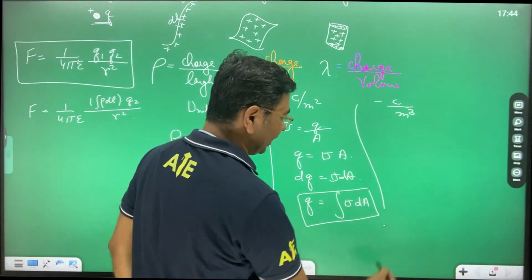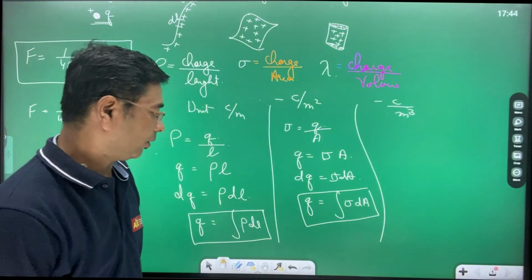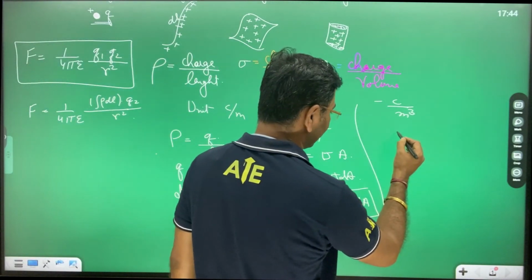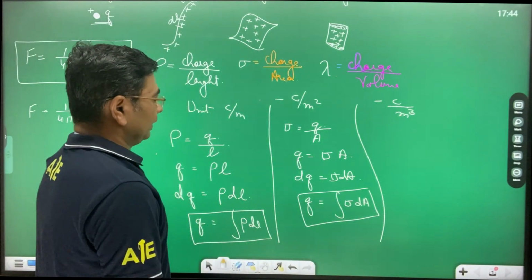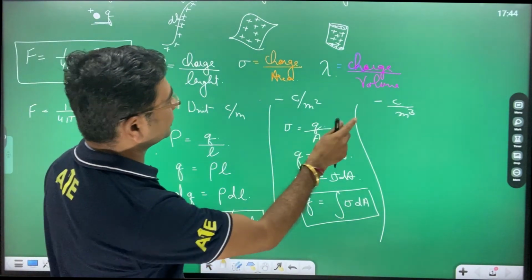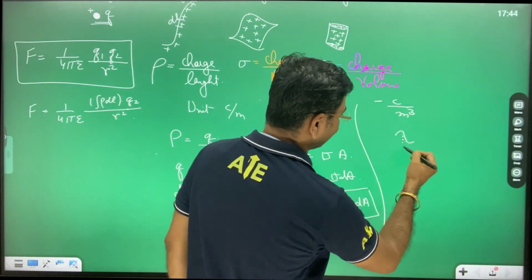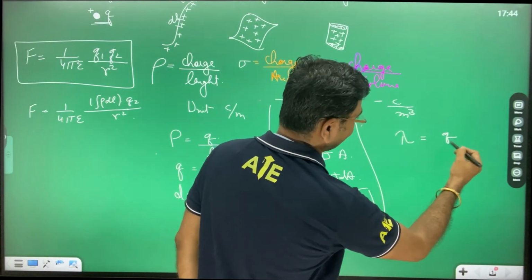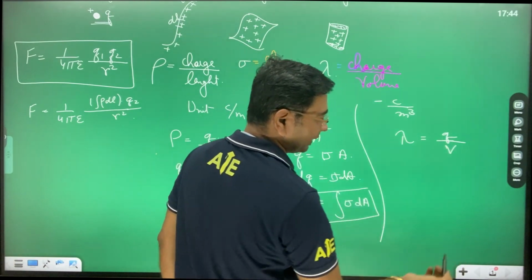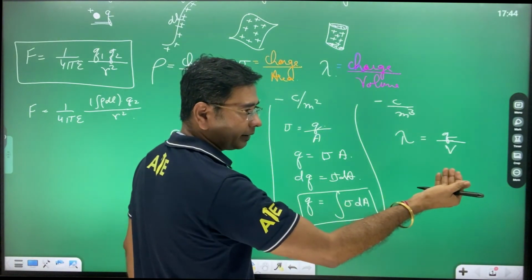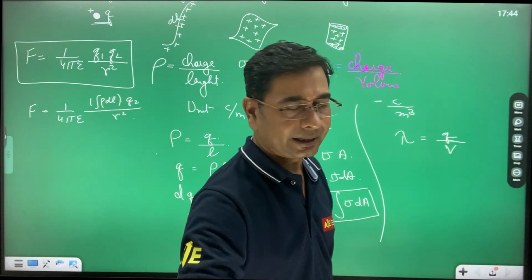Then another thing, we can have a volume. Now what about the volume? If you look at the volume part, this is lambda. Lambda is equal to charge per unit volume, and that is equal to V. So volume is the shape of the body. Might be cylinder, might be sphere, anything.